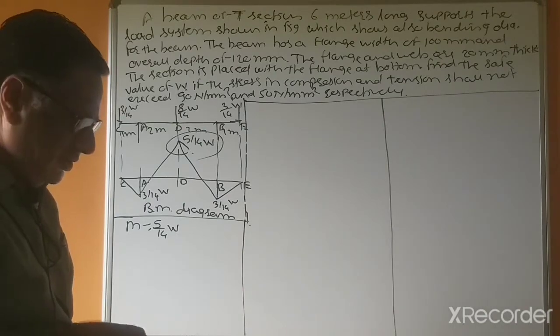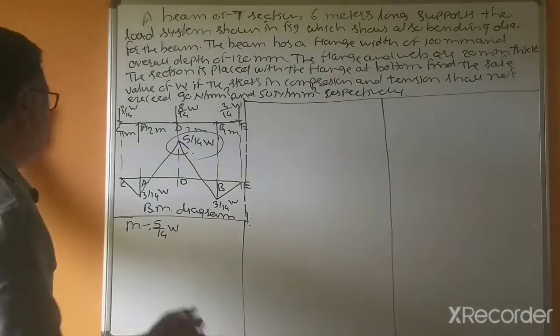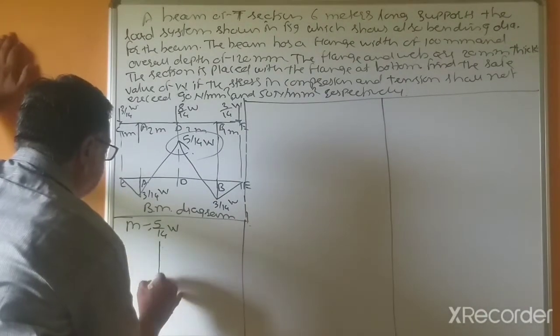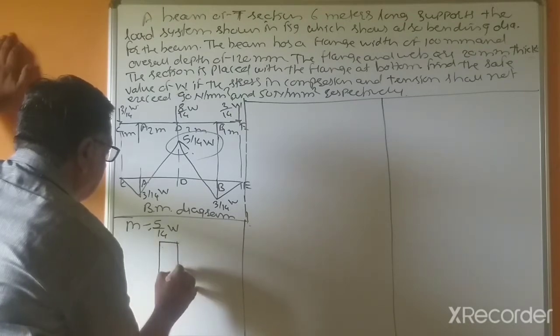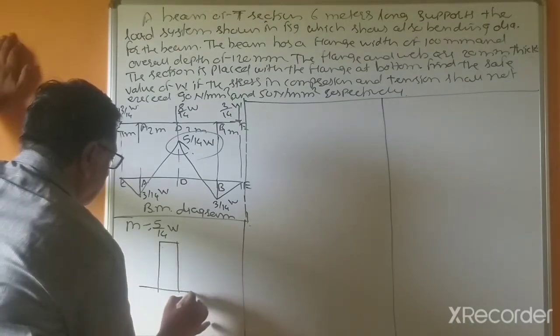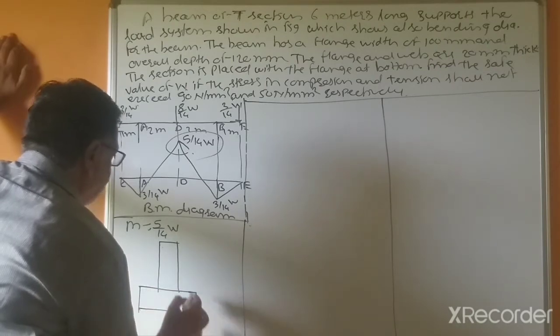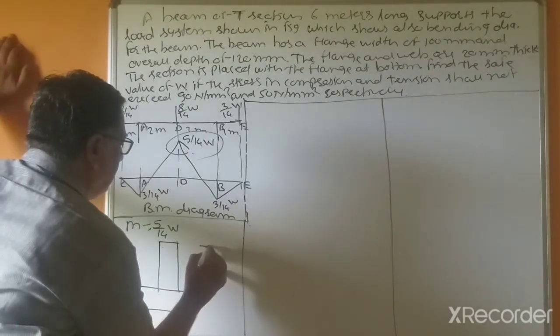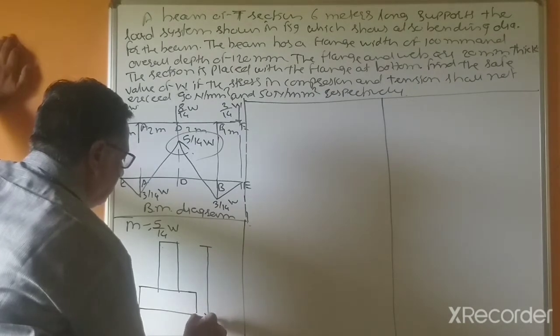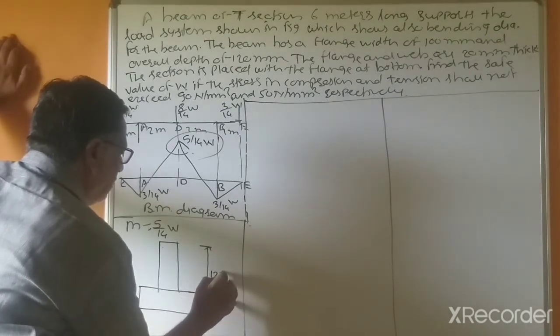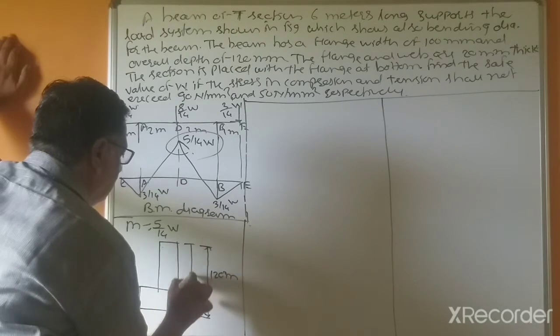Now the section, T section, inverted T section. Overall depth 120, so this depth equal to 120. This is 100.